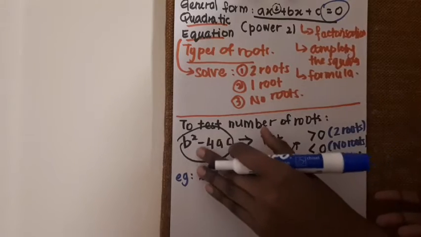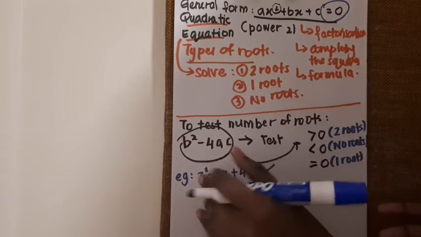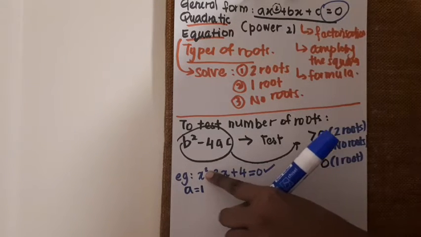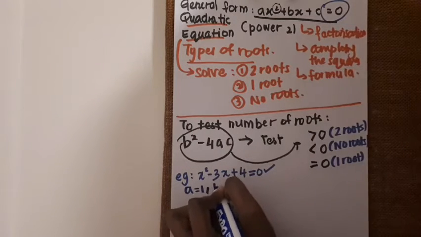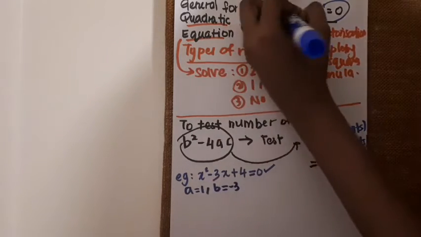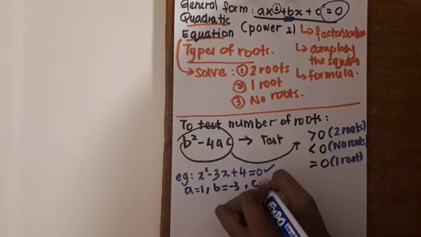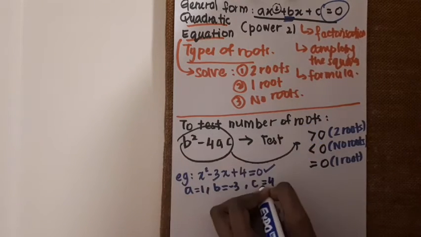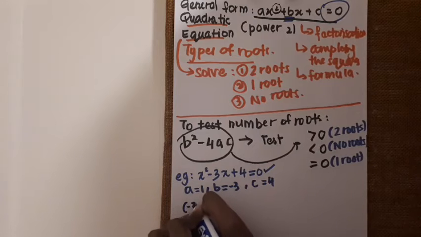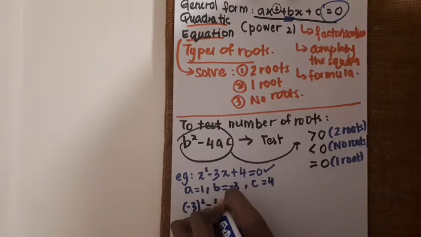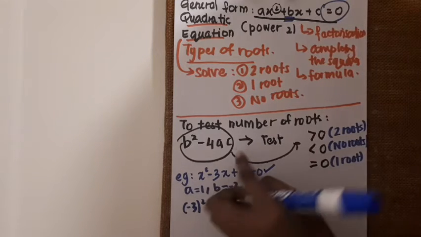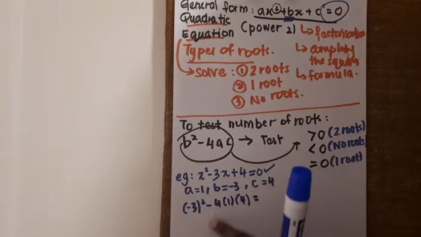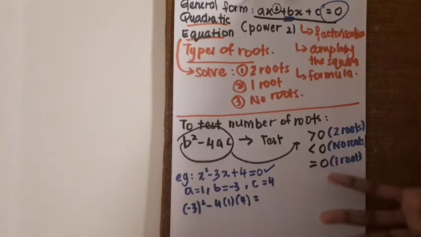We are going to use b squared minus 4ac. In this equation, a is equal to 1, where x squared has 1 in front, b is equal to negative 3, and c is equal to positive 4. Plug into the formula: b is negative 3 squared, minus 4, a is 1 and c is 4, and solve.